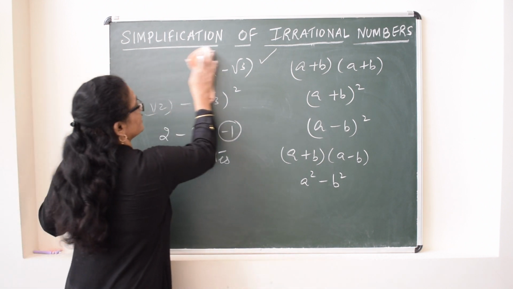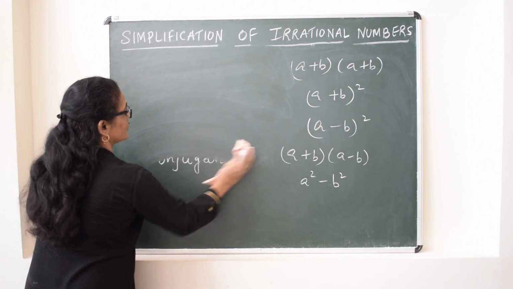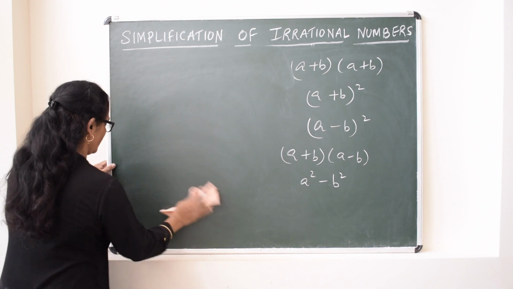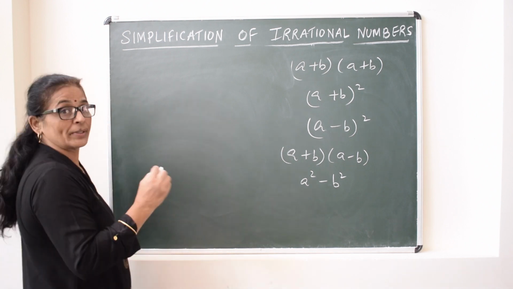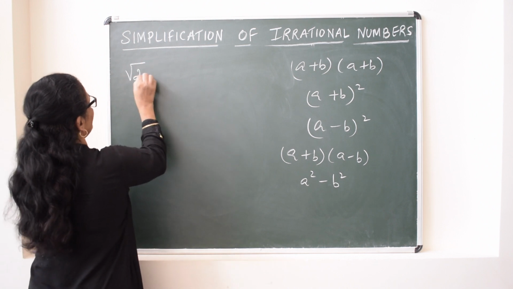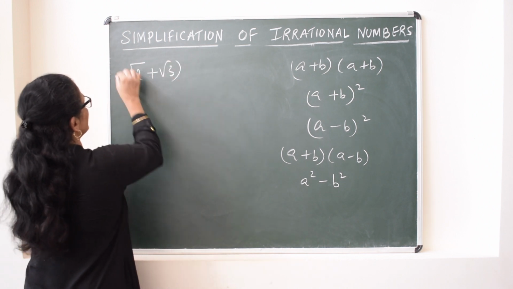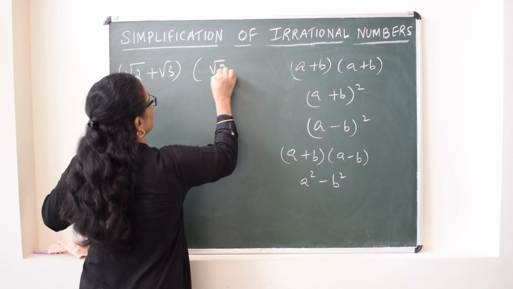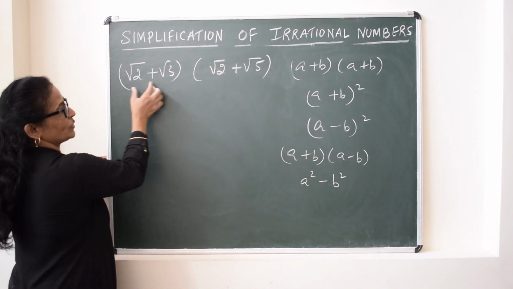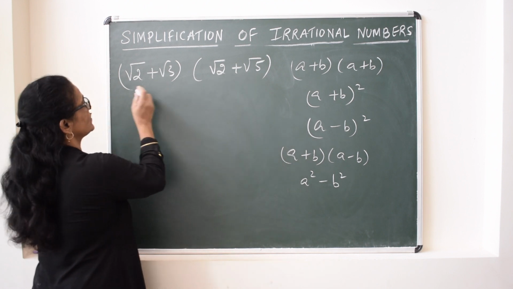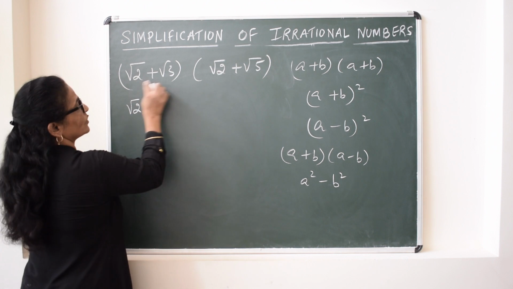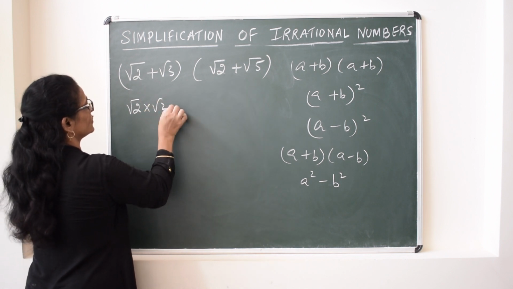And the last, we can also use distributive property, or which is same as the identity x plus a into x plus b. So when root 2 plus root 3, root 2 plus root 5. So this we can do it in the way root 2 into root 2.